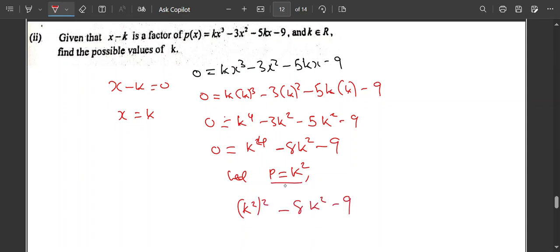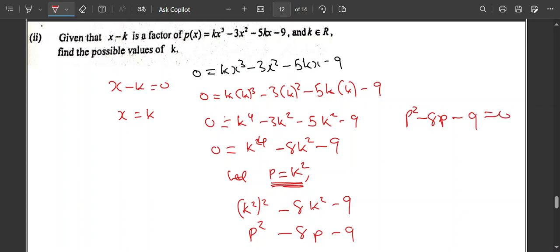Remember I said p is equal to k squared, so I'll put p there, then p squared minus 8p minus 9. So I'm solving this one quadratically.